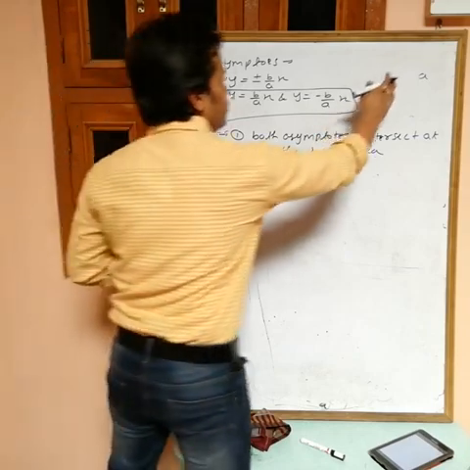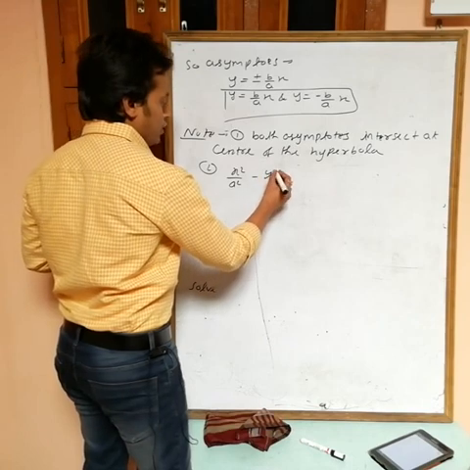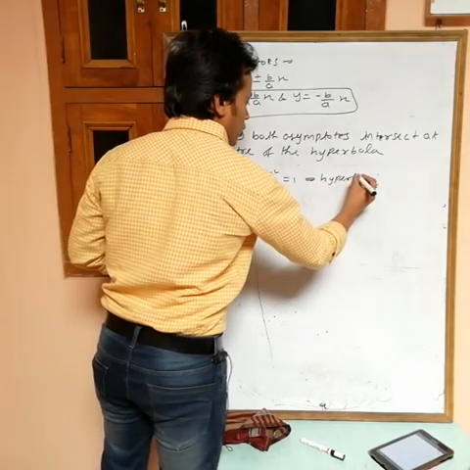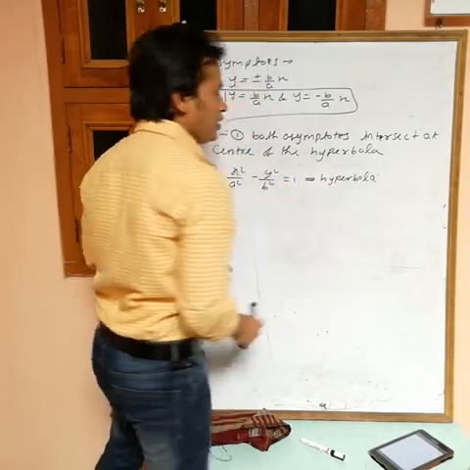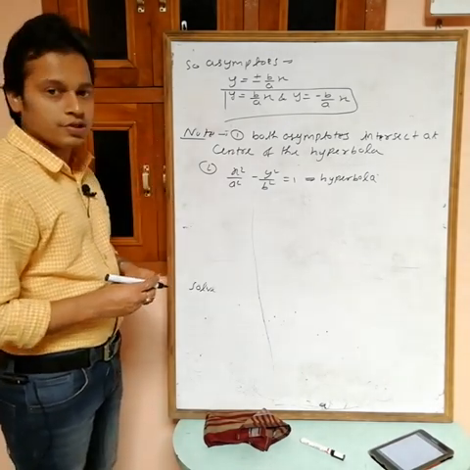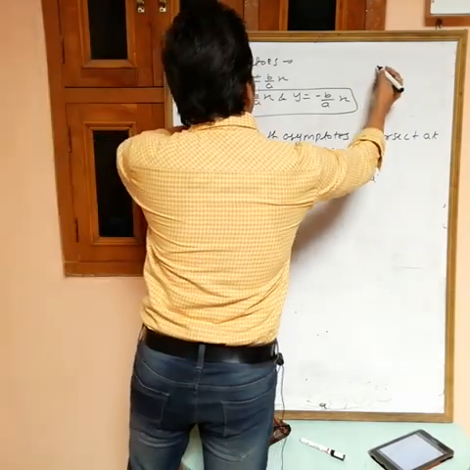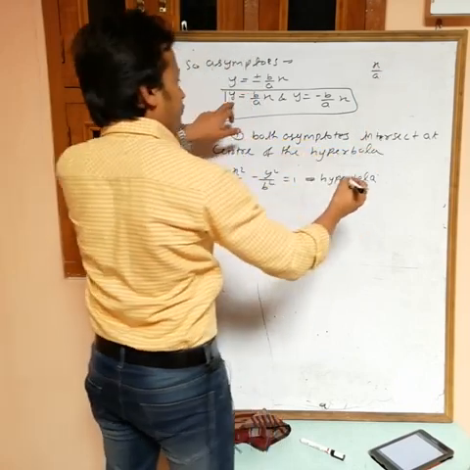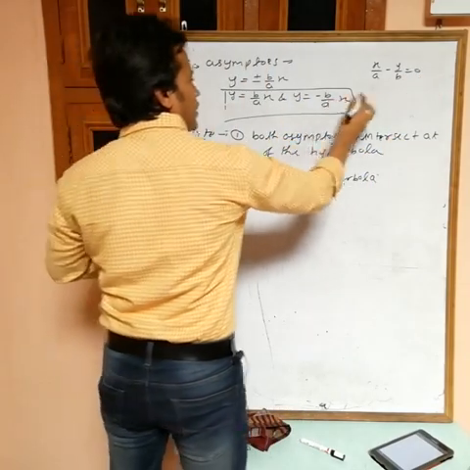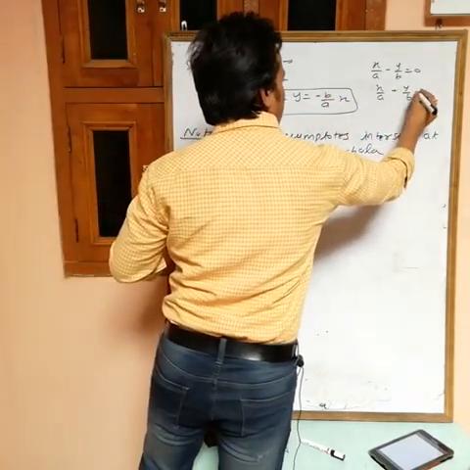actually the equation of the hyperbola is x square by a square minus y square by b square equals to 1. This is the equation of the hyperbola. Can you find the pair of asymptotes, the equation of the pair of asymptotes? See, this can be written as x by a minus y by b equals to 0, and x by a plus y by b equals to 0.